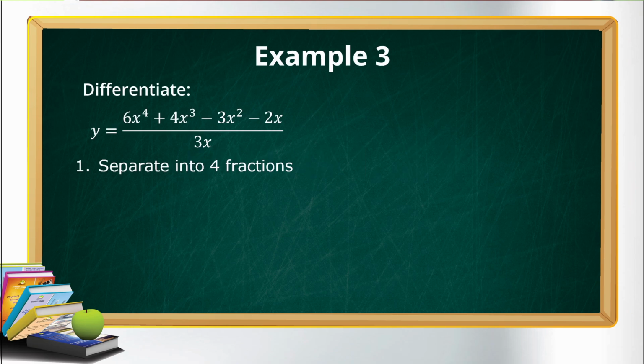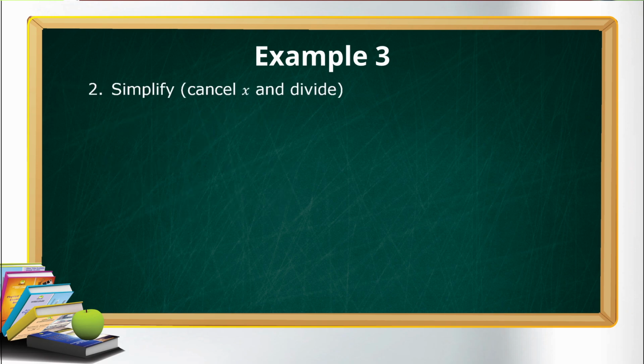Separate into, in this case, 4 separate fractions. Now it looks like this: y equals 6x to the power 4 over 3x plus 4x cubed over 3x minus 3x squared over 3x minus 2x over 3x. 2. Simplify by cancelling out x in the numerator and the denominator and dividing.